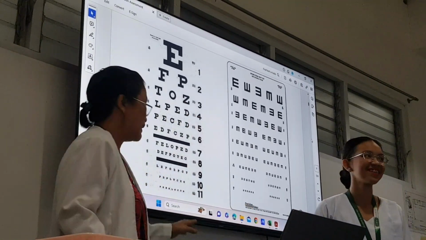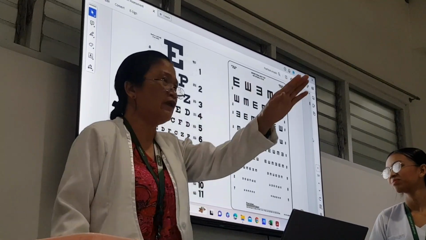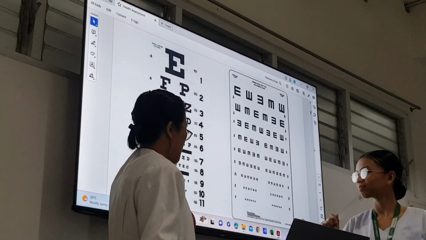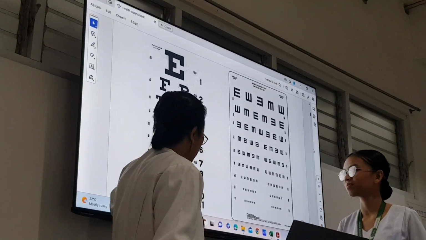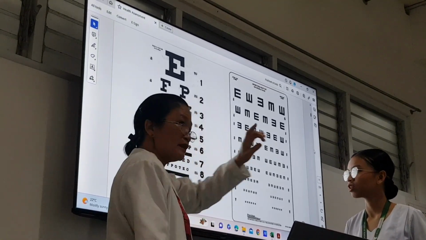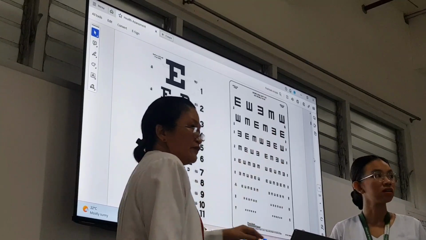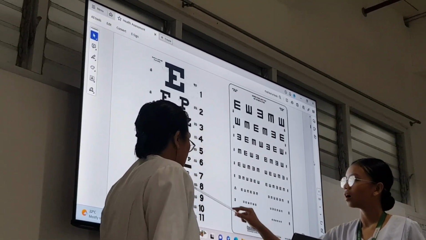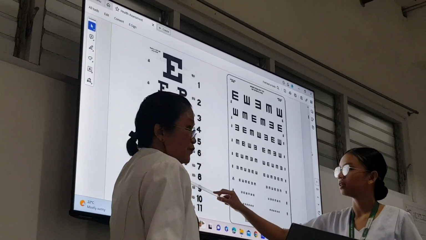Okay, that's enough. So, your right eye, what number ba? Right eye mo yung unang bumasa. So, what letter dito sa number 8? P. Okay.